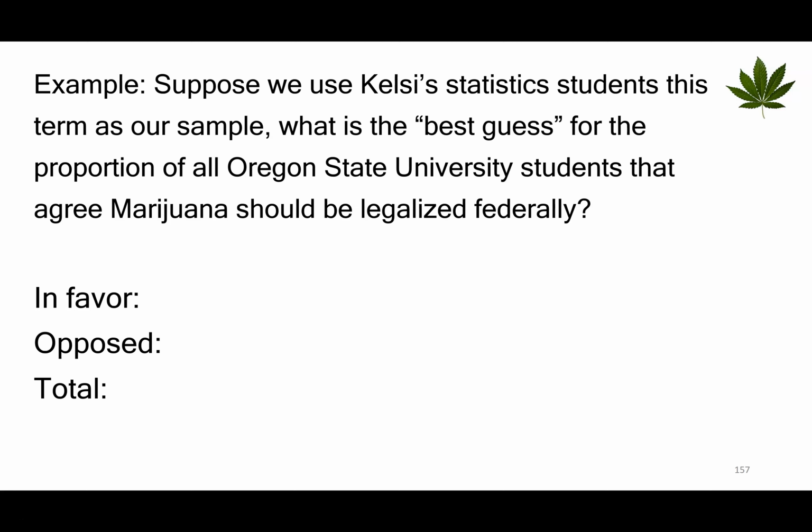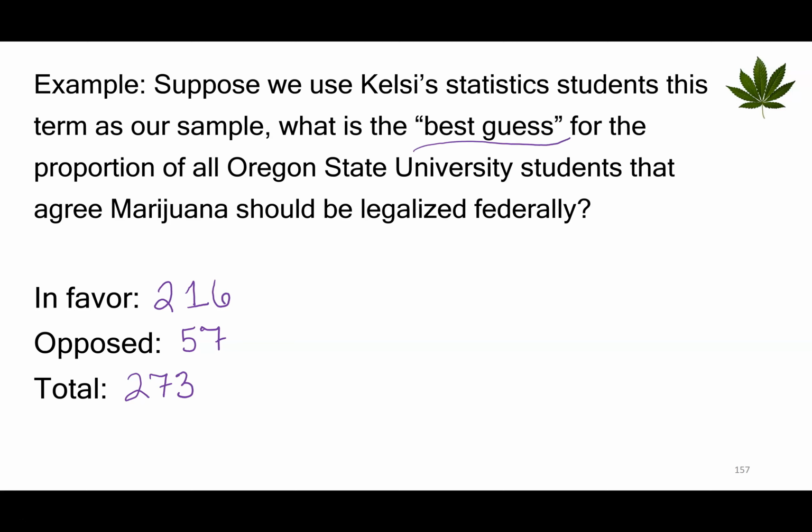So in favor, we had 216 students in favor of marijuana being available recreationally at the federal level. We had 57 oppose. That put us at 273 total. So I had 273 students, 216 of them supported legalizing it federally.